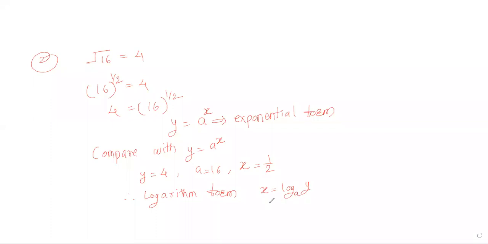So now x is a 1/2, is equals to, as it is, then log as it is, then y is a 4, and a is a 16. So our logarithm form is 1/2 is equals to log of 4 to the base 16. Yes, clear this one?